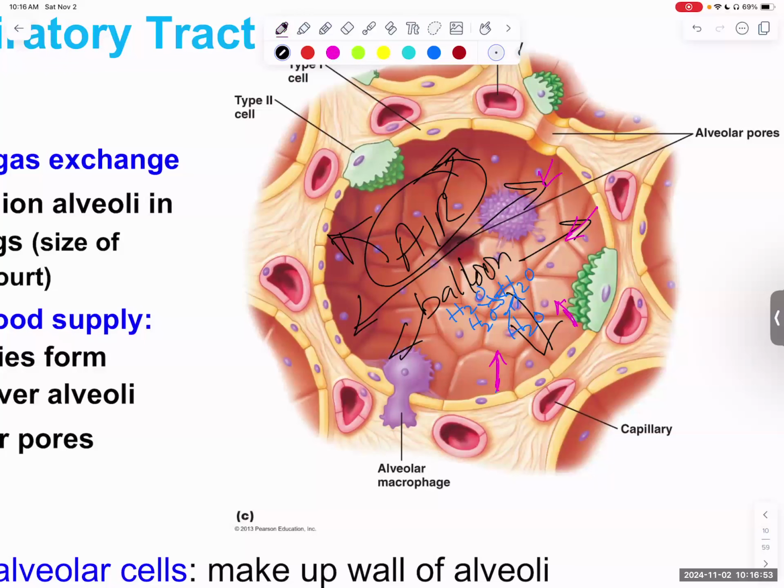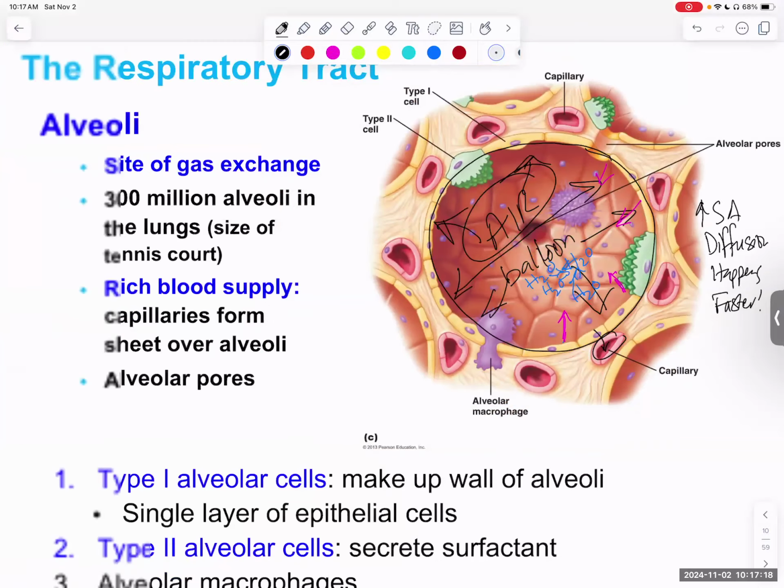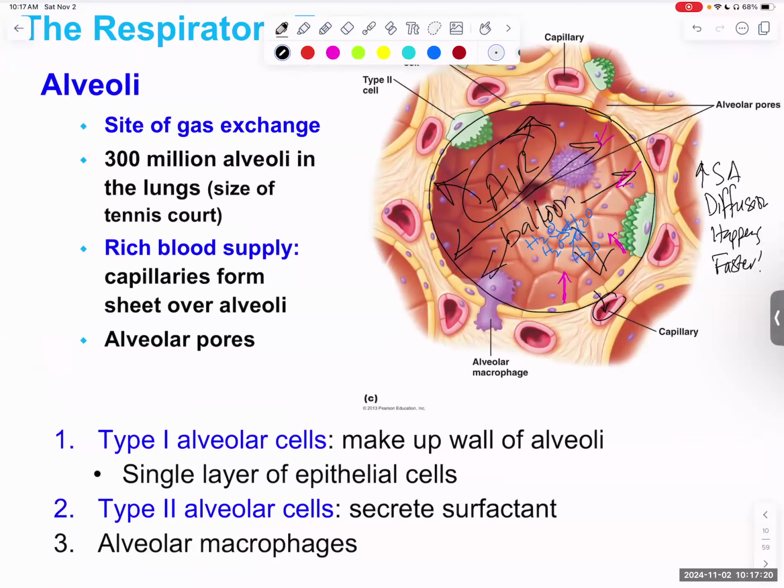And the reason you want it blown up like a balloon is you really want increased surface area, because if you have increased surface area, diffusion happens faster. SA is surface area. And we need diffusion to happen fast, right? Because we need to get that oxygen into the pulmonary capillary as that red blood cell's moving. And so these type 2 alveolar cells secrete a substance called surfactant.